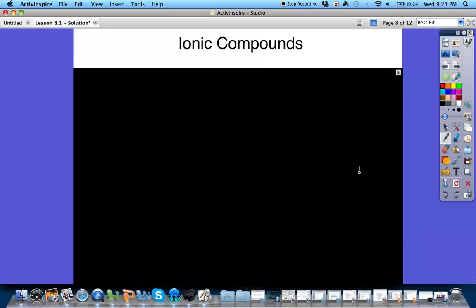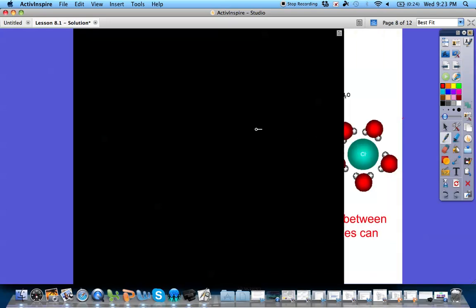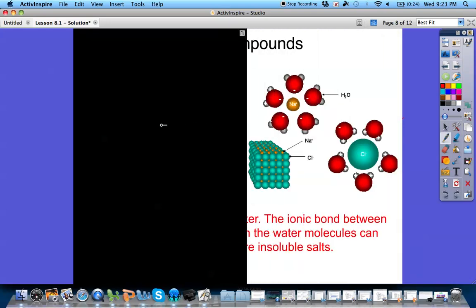So, ionic compounds. Before you write anything down, just take a look at these pictures. We have a sodium ion here, which is positively charged. And then we have chlorine, which is negatively charged.